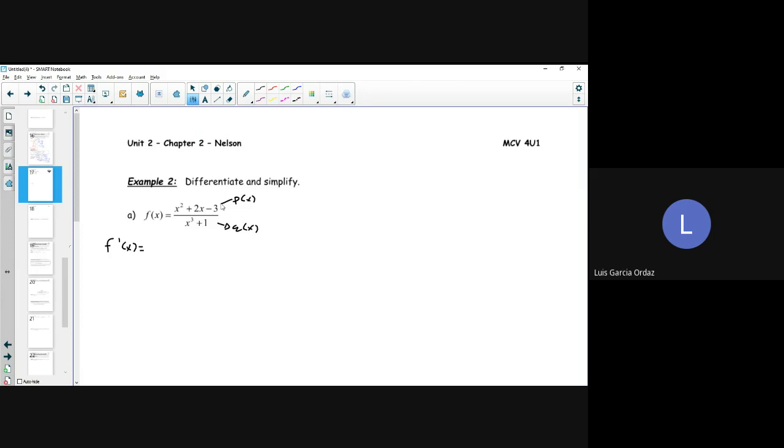So remember, it's the derivative of the top times the bottom minus the derivative of the bottom times the top over the bottom squared. Okay. So what would the derivative of my top function be? X squared plus 2x minus 3.